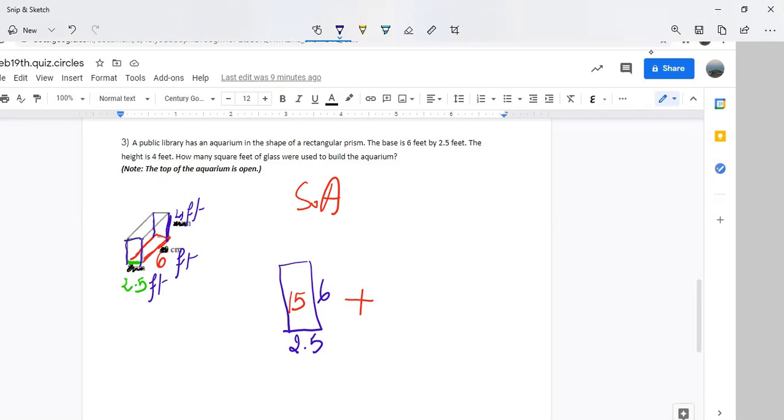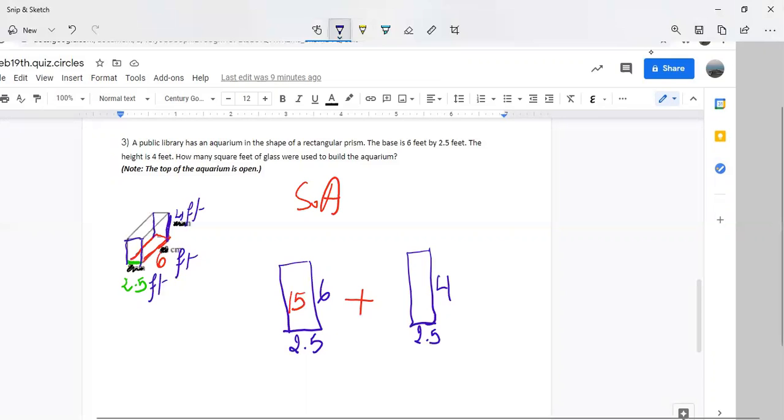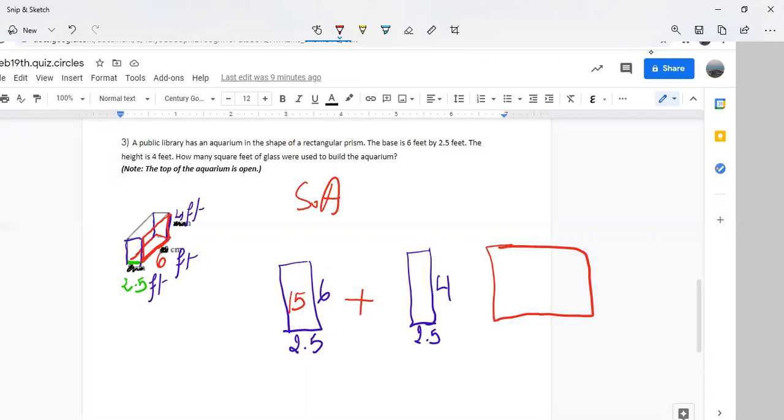So this here is 2.5 by H, and H is 4, and there are 2 of them. And then my last face is this one here, which is 6 by 4, 6, and this is 4, which is the height. And there are 2 of those.